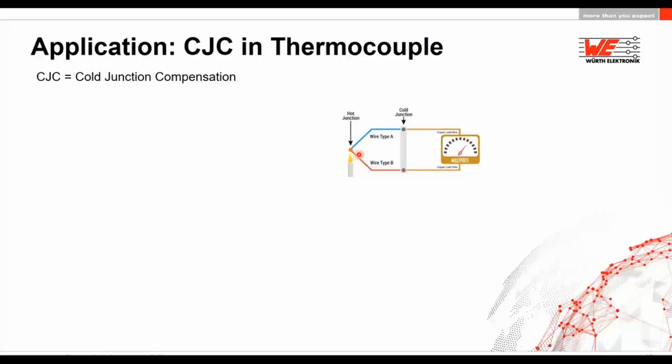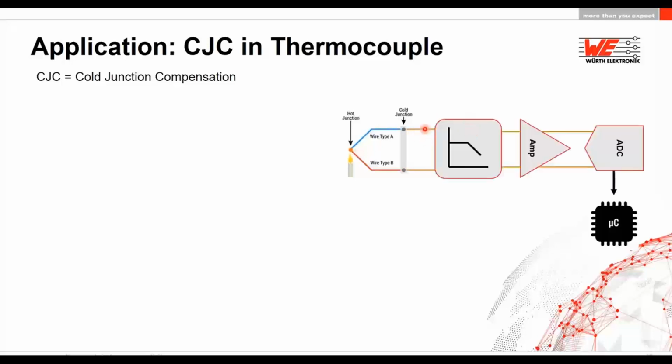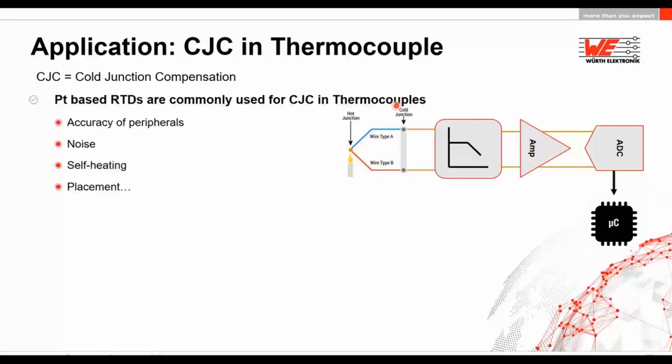Usually the thermocouples have some filters, some amplifier, and a digital circuit that stores the temperature in a microcontroller. In order to know the cold junction temperature of the sensor, the most widely used sensors are platinum-based RTD sensors, where you place the RTD as close as possible to the cold junction.